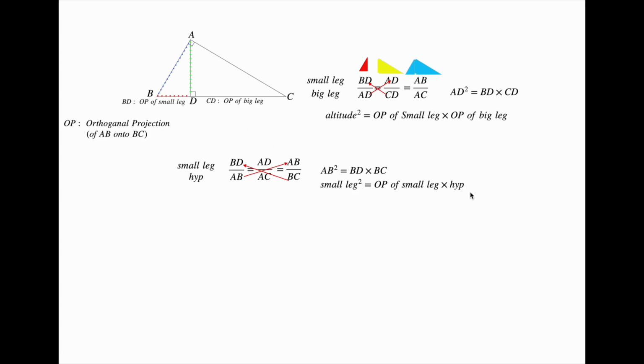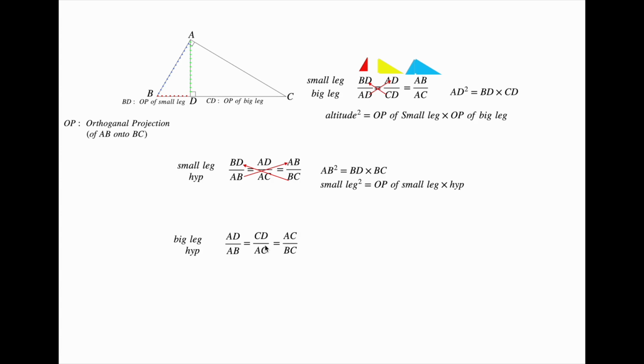AB squared, the small leg squared, is equal to BD, the orthogonal projection of the small leg, times the hypotenuse. Then if we looked at the big leg compared to the hypotenuse in the small triangle, the big leg would be the altitude AD over the hypotenuse AB. Then in the medium-sized triangle, the big leg would be CD and the hypotenuse would be AC, CD over AC. Then in the large triangle, we're looking at the big leg, which would be AC over the hypotenuse BC.